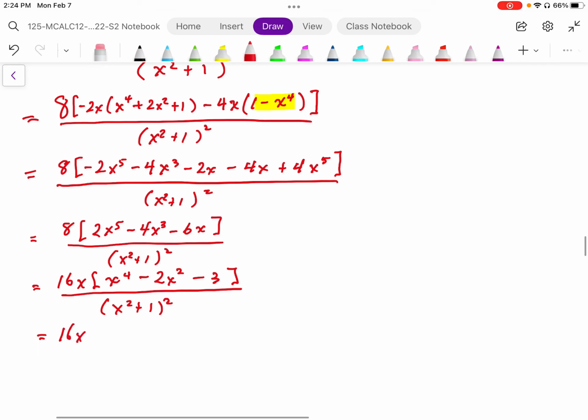So 16x, and that factors into x squared plus 1 times x squared minus 3.